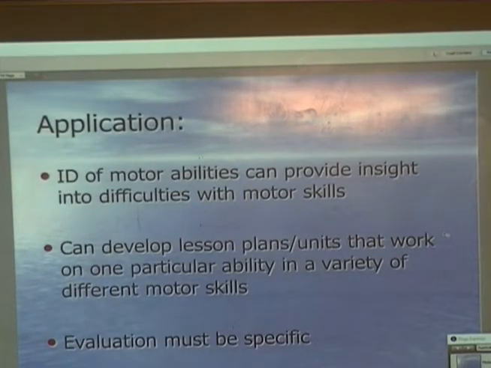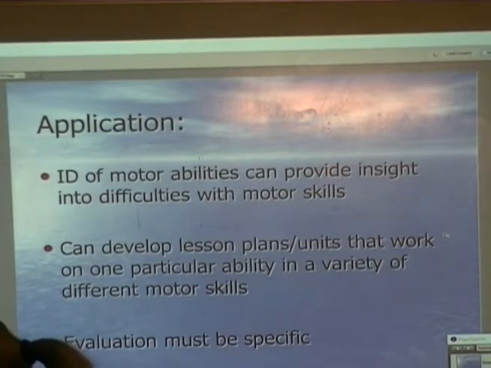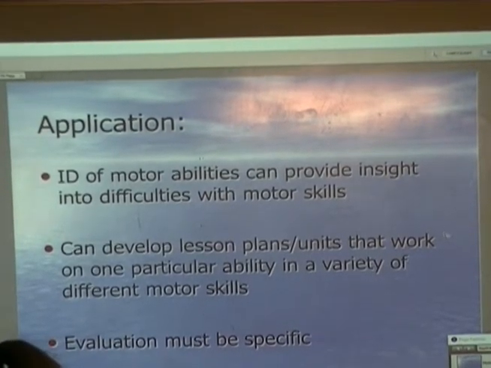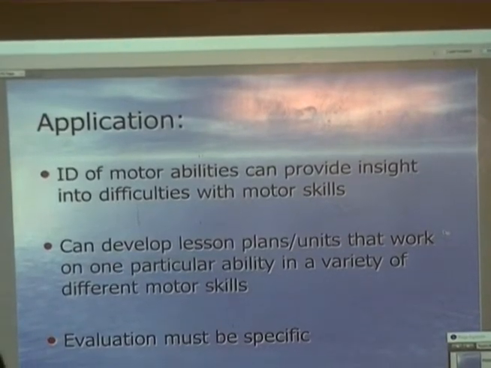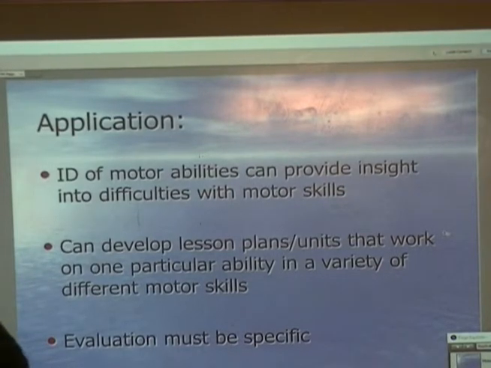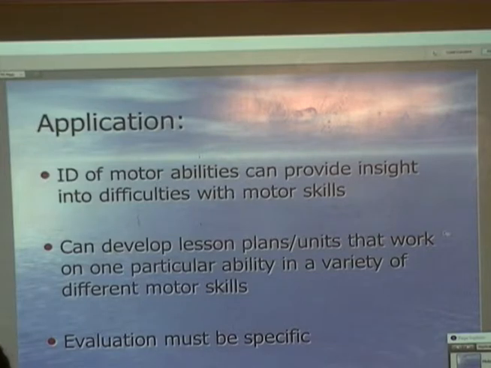So how can we apply this idea? If I can identify these motor abilities, if I can measure them, then as the teacher, if I'm watching someone struggle with a skill that I think I have presented very developmentally appropriately, and I've given them lots of opportunity to pick this skill up, and they're still struggling, why are they still struggling?